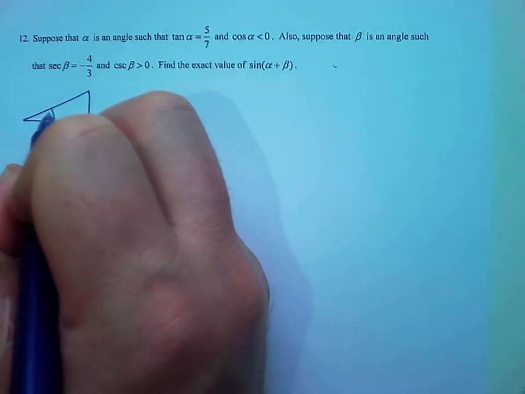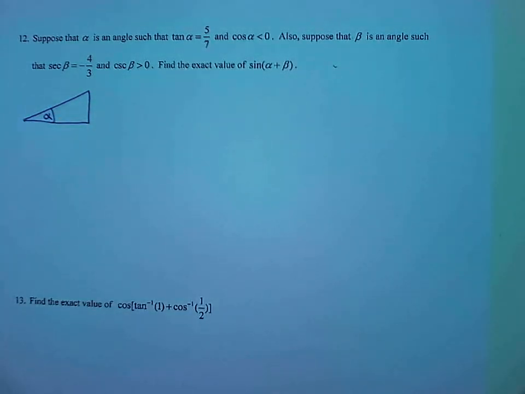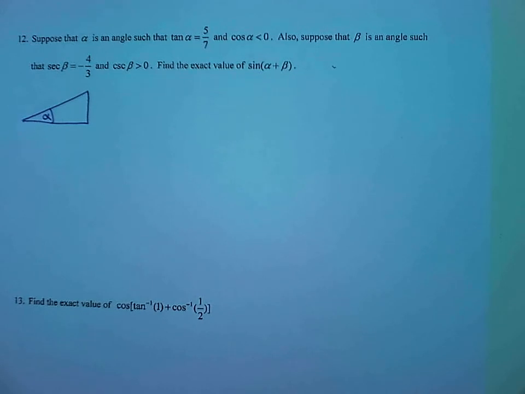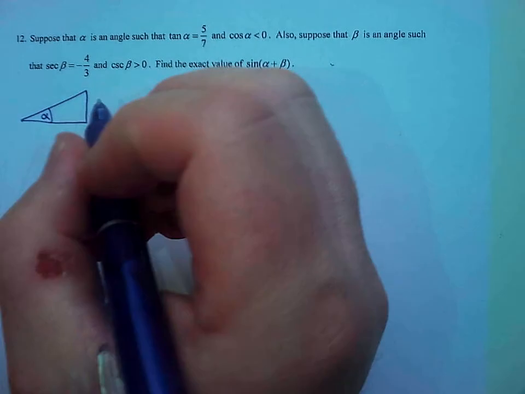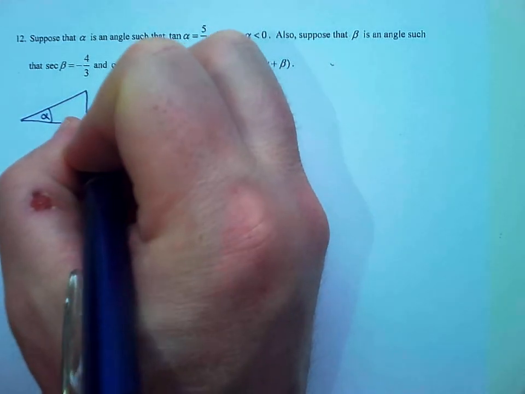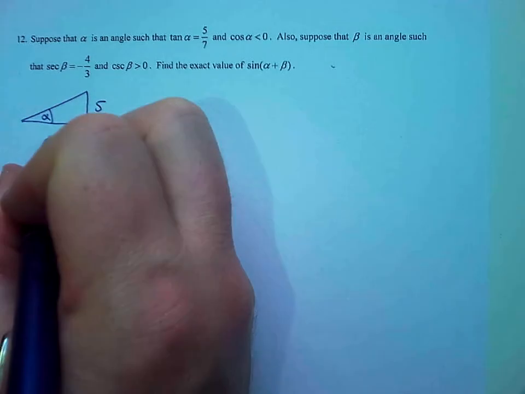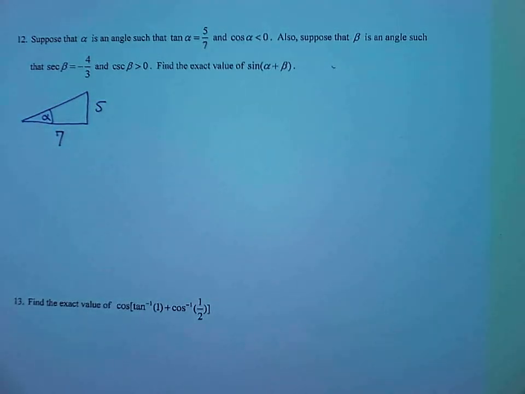Here, if we have that this is alpha, then for alpha, we have that the tangent is 5 over 7. And the tangent is defined as opposite over adjacent. So therefore, we're going to call this right here 5 over 7.